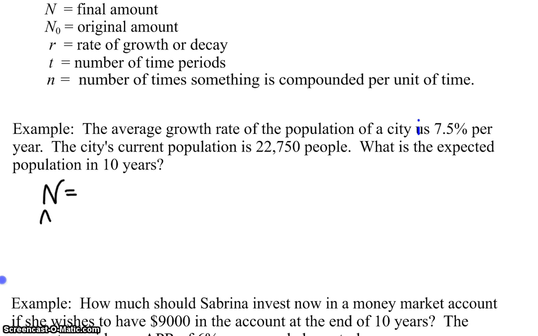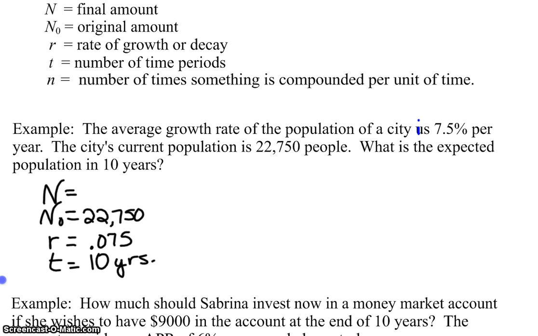We know the original amount of people. N sub 0 is 22,750. We know the rate of growth. R is 7.5% or 0.075. We know the unit of time is 10 years.